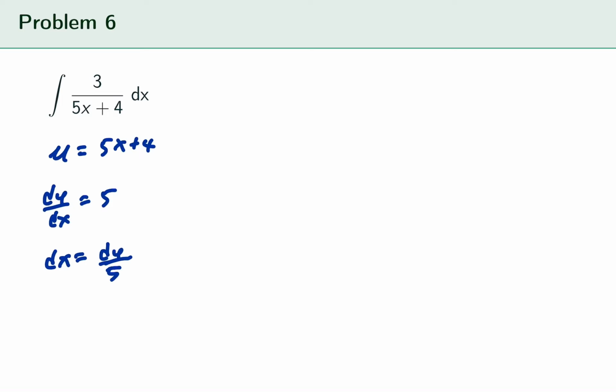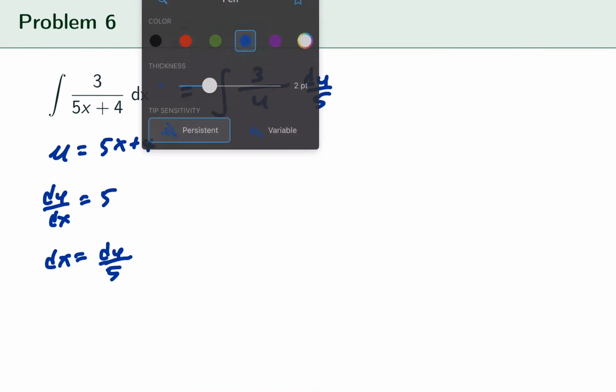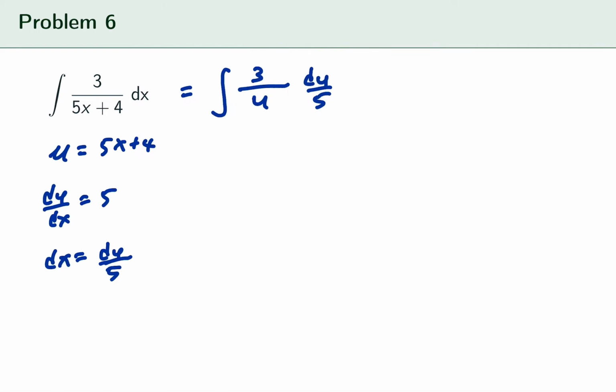Right. So if we substitute using these, we get 3 over u du over 5. So then this 3 and 5 right here, we can place in front of the integral sign. So we have 3 over 5 integral 1 over u du.